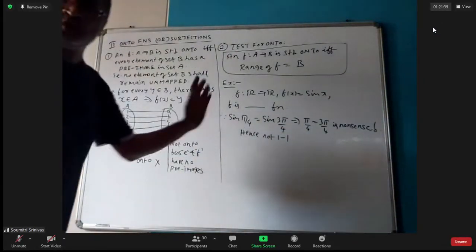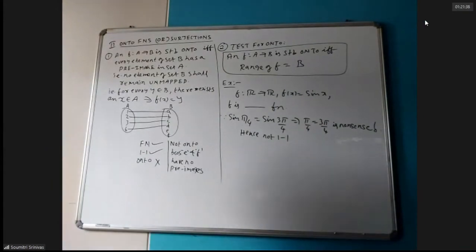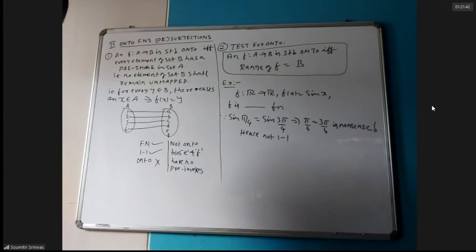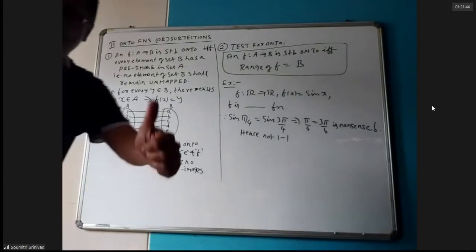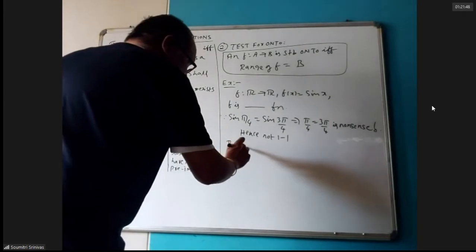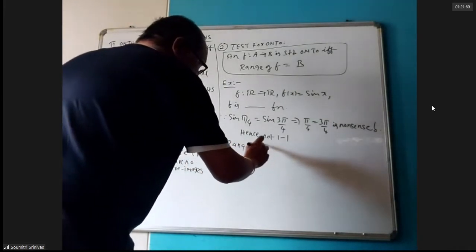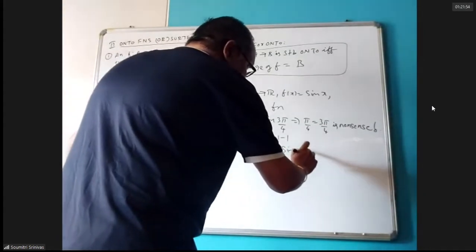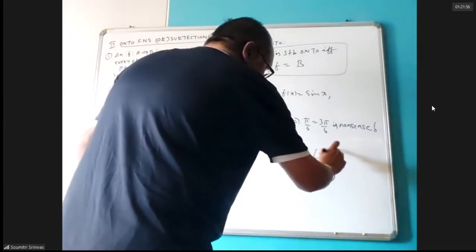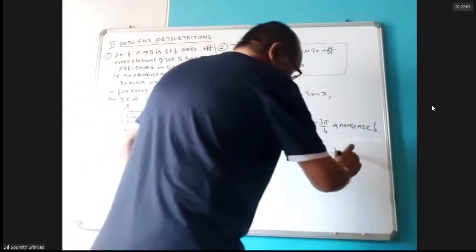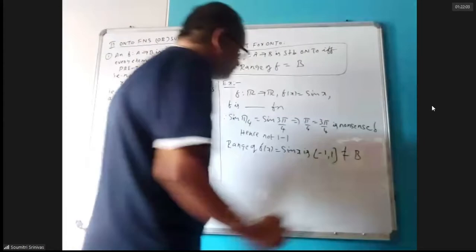Is this onto? No. Why? Sir, because sin x is defined for range -1 to 1. Shabash. What is the range of f of x equal to sin x? -1 to 1, which is not equal to set B. What is your set B here?